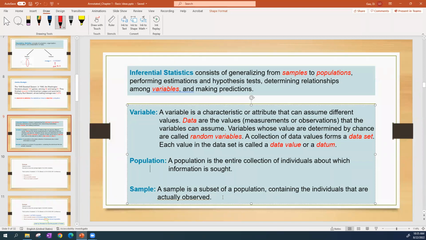So among all SHSU students, we can collect a sample. Then that subset is much smaller than the population, and again, we call that a sample.